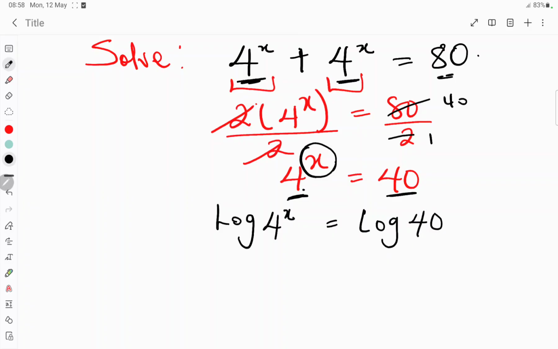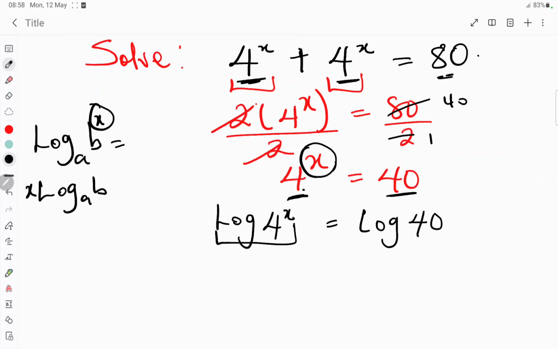Since we've taken the log of both sides, we now see that from the theory of logarithm, where we have log a to the power of b power x, it is the same thing as x multiplying the power to the log. Okay, so if you apply the rule at this point, you can now see we have x log 4 is now equal to log 40.